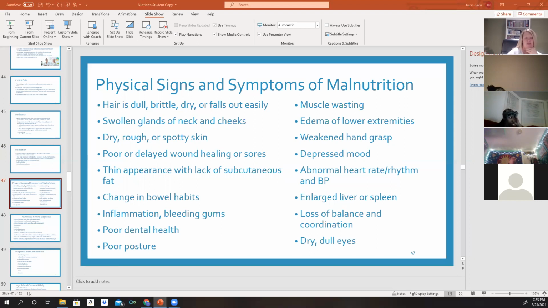They could be in a depressed mood. Nutritional status can cause abnormal heart rates, rhythms, and blood pressure issues, especially if you have problems with your potassium. You could develop an enlarged liver or spleen, a loss of balance and coordination, and then dry eyes.